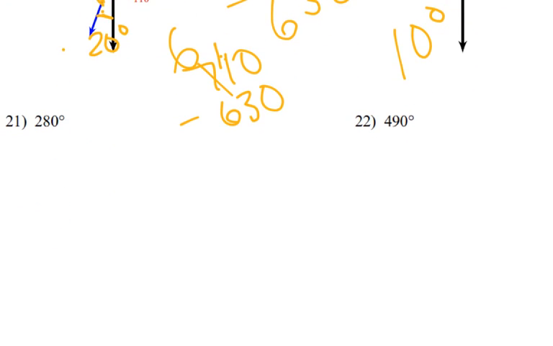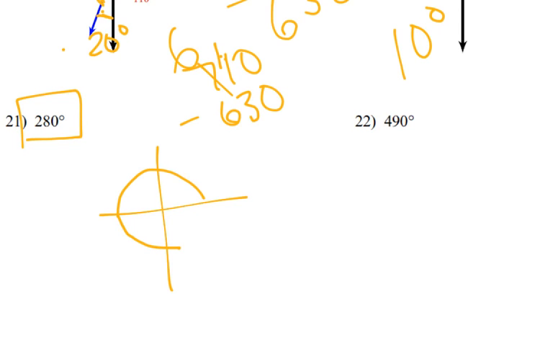Now, when you're dealing with just regular numbers, the easiest thing to do, honestly, is graph it. So we know that 180 is half a circle, so I'm going to go an extra 100, okay, to get to 280. So how much more did I go over? Well, we went over an extra 10 degrees, right? So that would be like a negative 80 degrees.